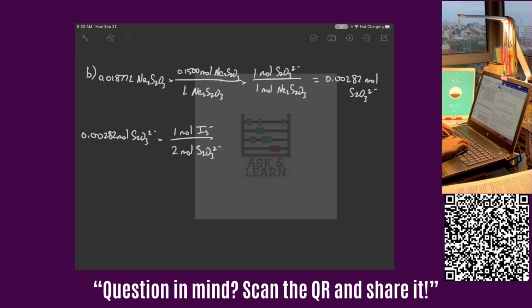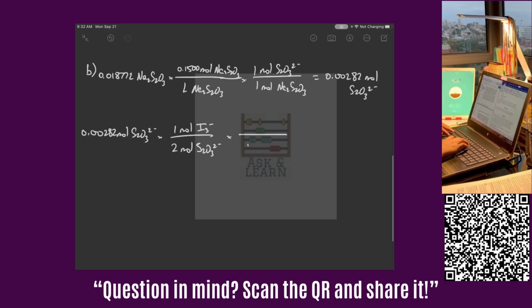And we also have 1 mole of I3 minus to 2 moles of NO2 minus, times 1 mole of NO2 minus has a mass of 46.0 grams, and this would be equal to 0.130 grams of NO2 minus.